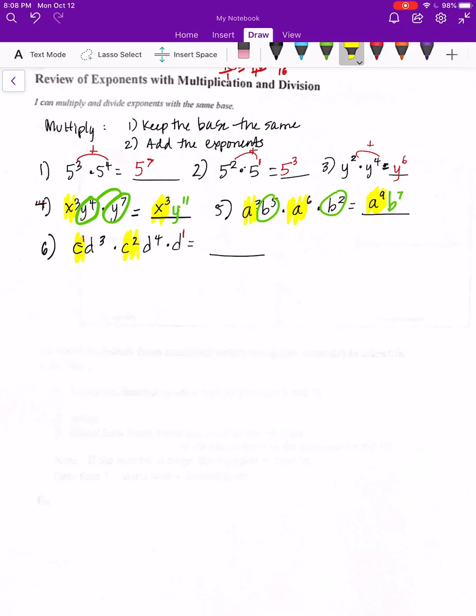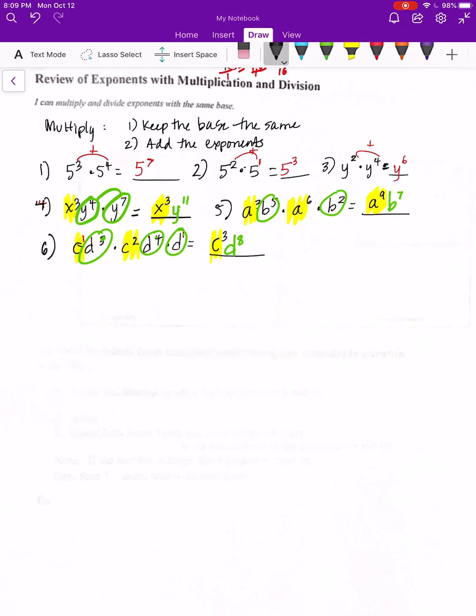So that would make it c to the 2 plus 1, which would be 3. I'm going to highlight that in yellow. And then I have a d to the third, a d to the fourth, and a d. So that would be, keep the base the same d, and add 3 plus 4 plus 1, which would be 8. So c to the third, d to the 8th.